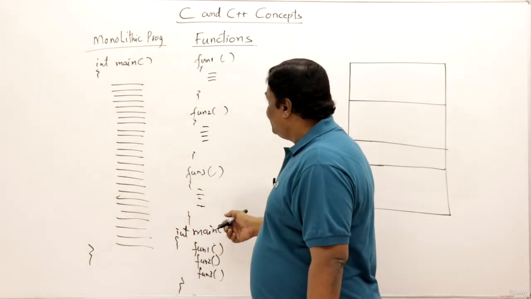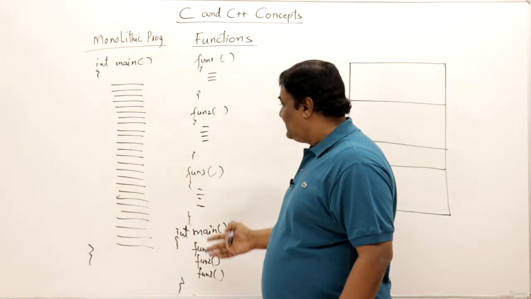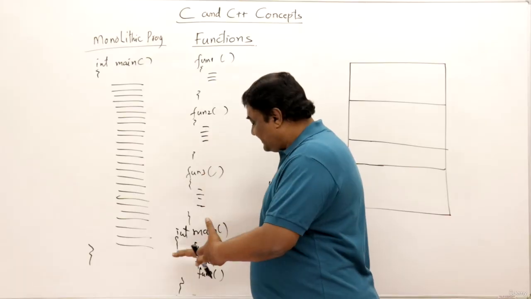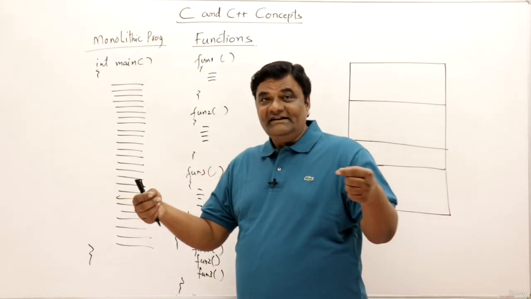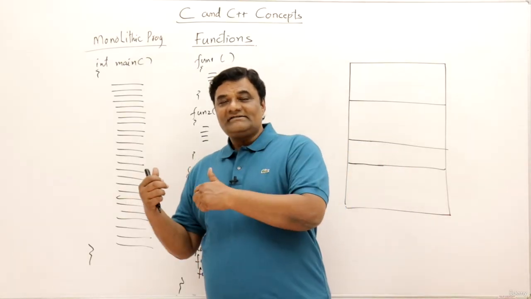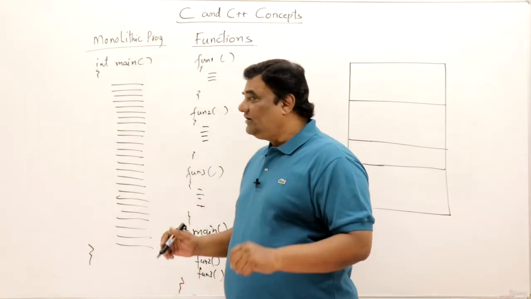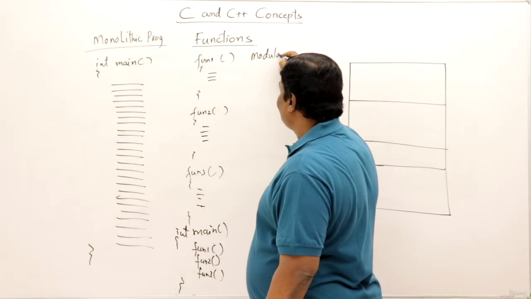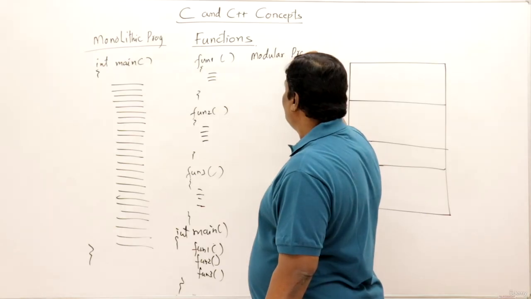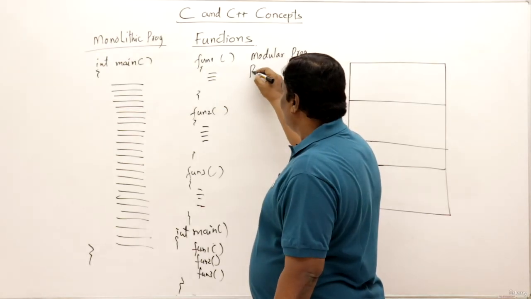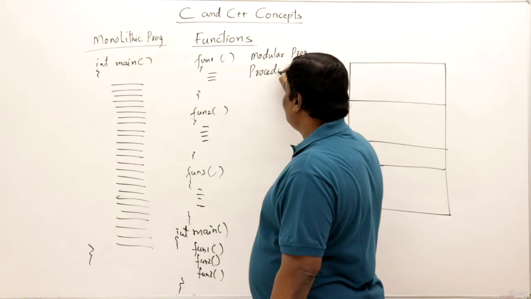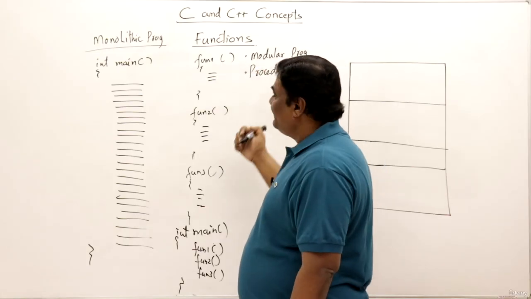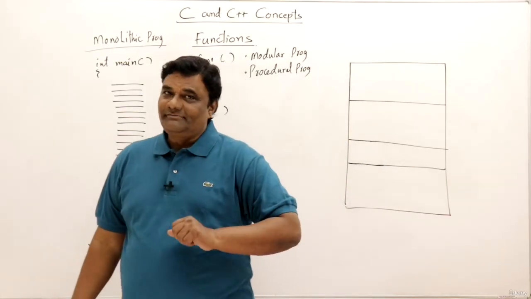Now, breaking a program into smaller functions and using those functions inside the main function, that is, integrating them all together, is another style of programming. This is called modular programming or procedural programming.